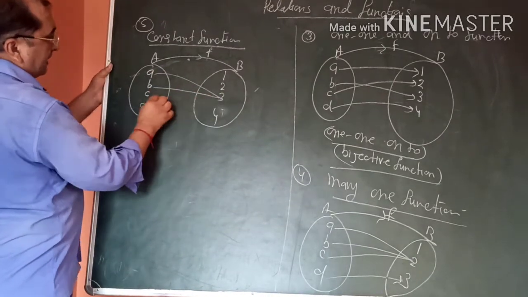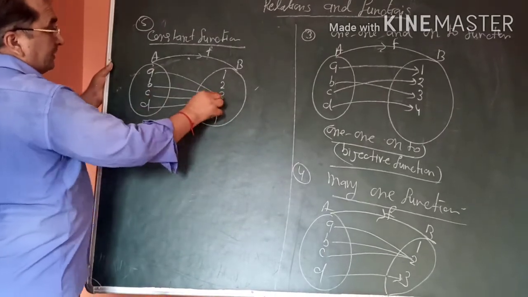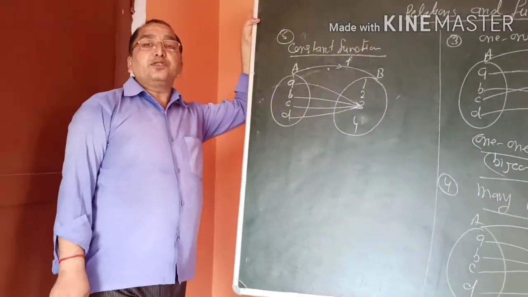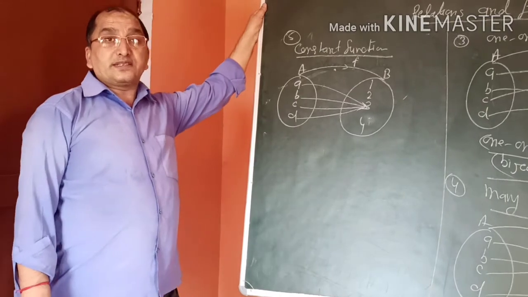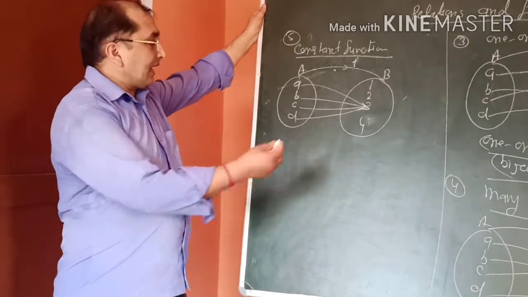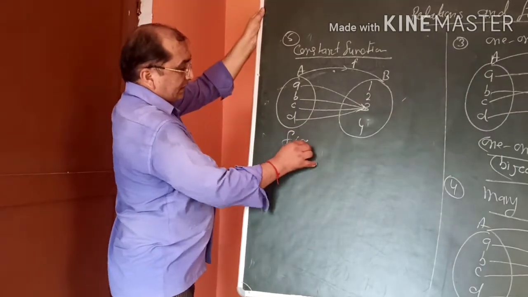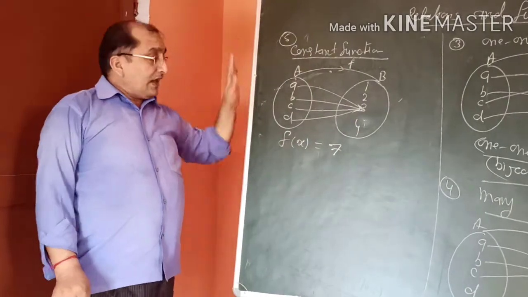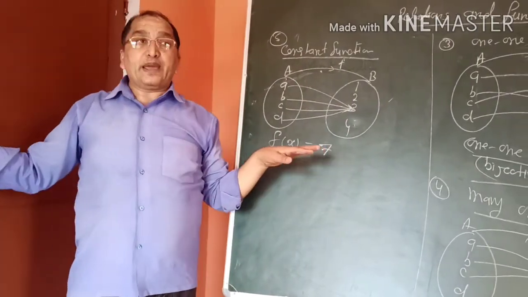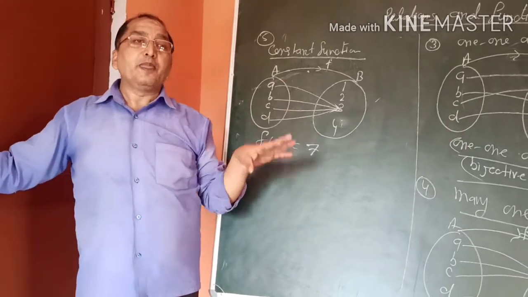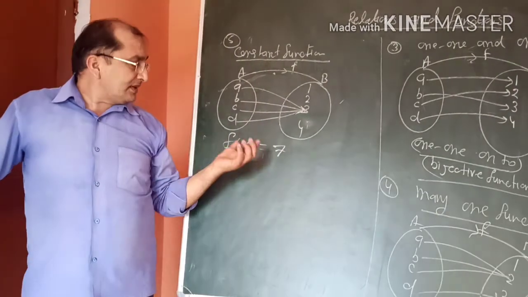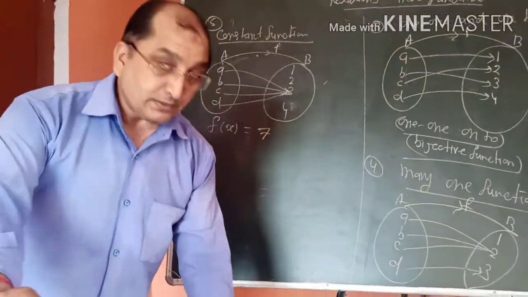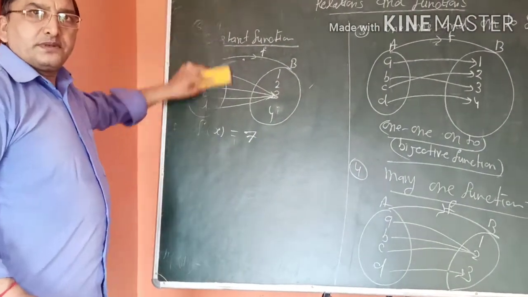All elements are acting at a point. This is known as constant function. Its value is not depending upon the value of x. Like suppose f of x equal to 7. Suppose the value is not depending upon the value of x, directly we can say that this is a constant function.